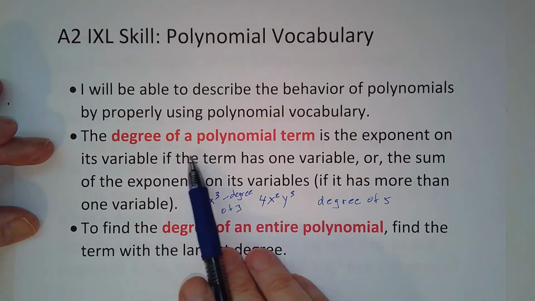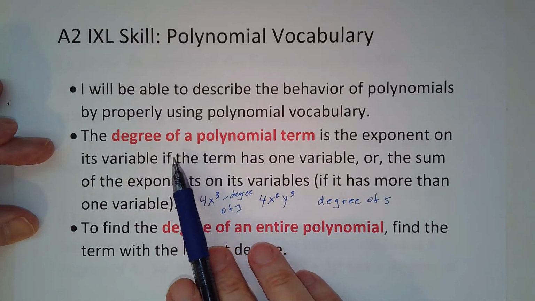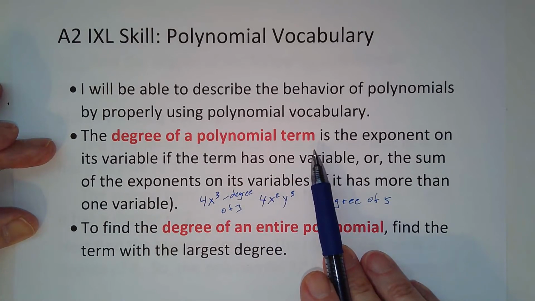The first thing you'll want to know and be able to do is figure out the degree of a polynomial term. Every polynomial has at least one term. You can have a monomial with one term, a binomial with 2 terms, a trinomial with 3 terms, and then any polynomial with more than 3 terms is just called a polynomial.